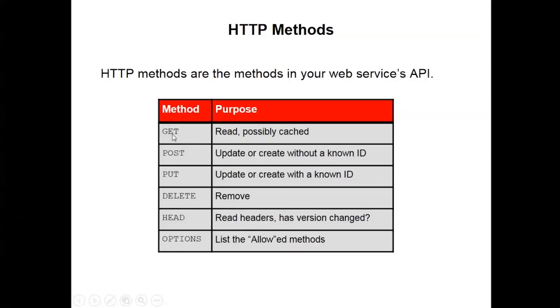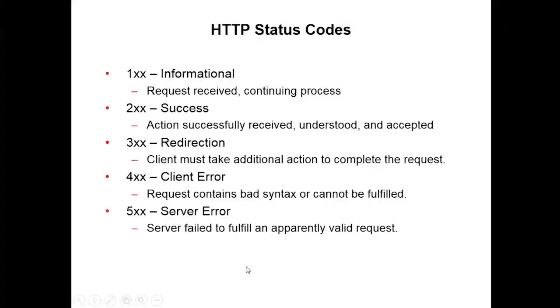I already told you that get is used to select, post is used to create a new record, put is going to update an existing record, and delete is going to remove an existing record. So these are the different HTTP status codes that we can use, right? So 400 is nothing but a client-side error, 500 is nothing but a server-side error, whereas 200 is defined as success.